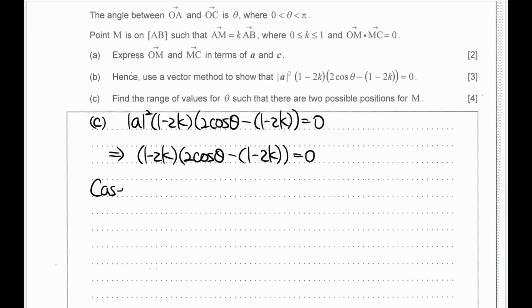The first case is where 1 minus 2k is 0. That means k is equal to 1/2. But if k is equal to 1/2, then no matter what value theta takes, this equation will always be 0. This means that theta can be any angle from 0 to pi, but not including 0 and pi.